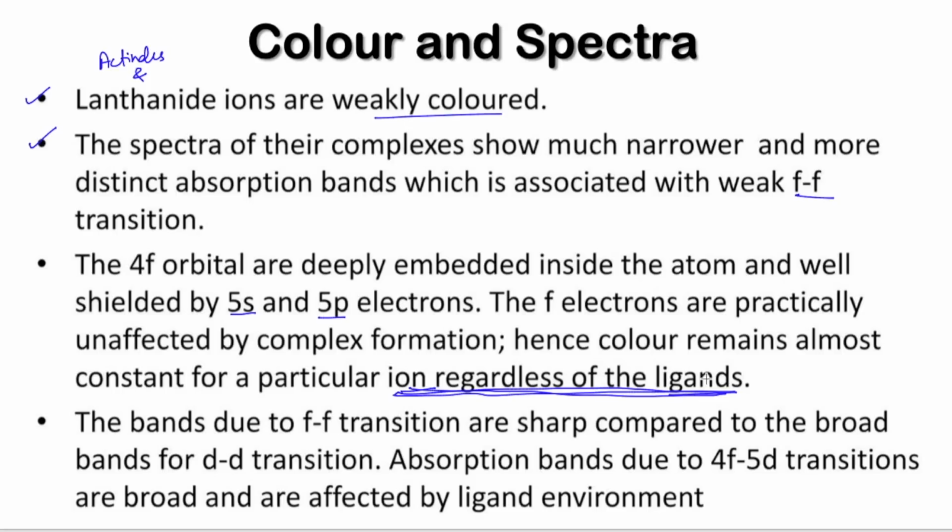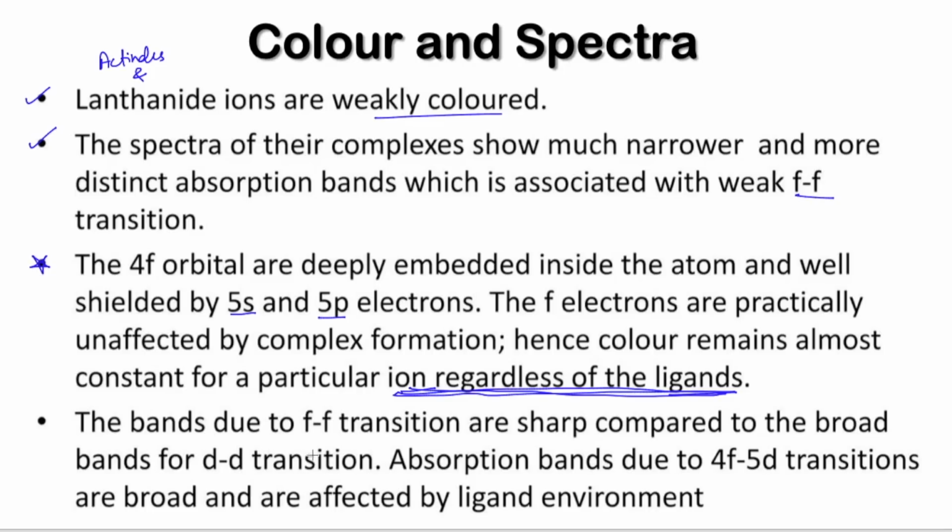It does not depend upon the ligand environment. It only depends upon the FF transition, or the energy difference between the F levels. So the color of the ion and of the complex remains quite the same, because the ligand does not affect the color of the complex. This is a very important point, make sure you remember it.